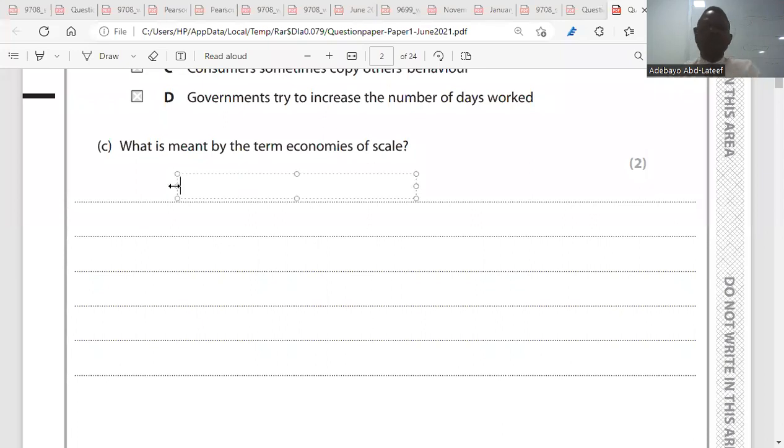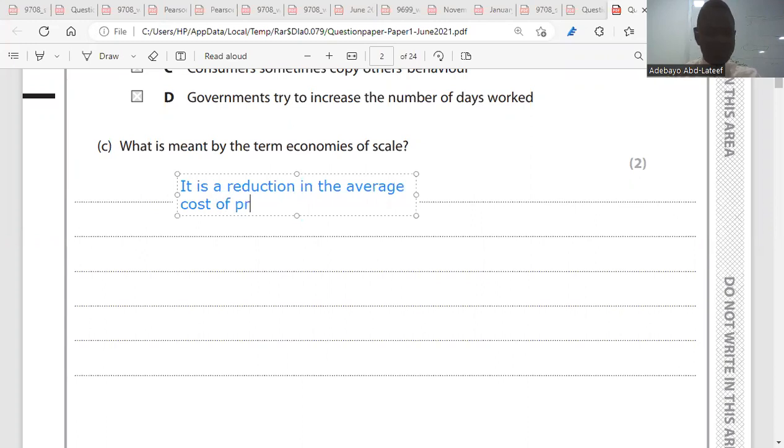It's a reduction in the average cost of production due to expansion. Is it clear? Okay.